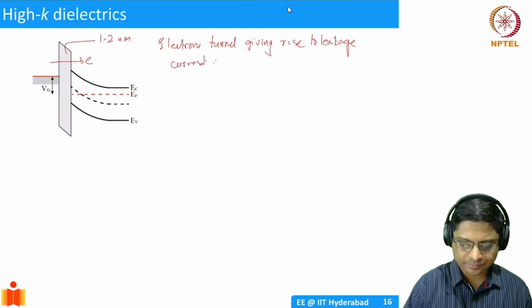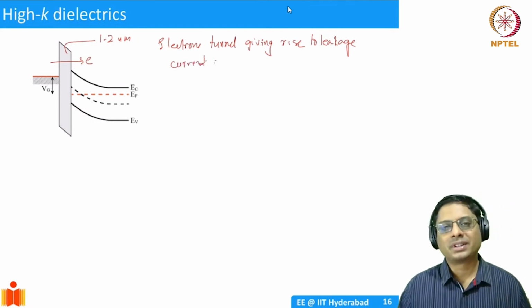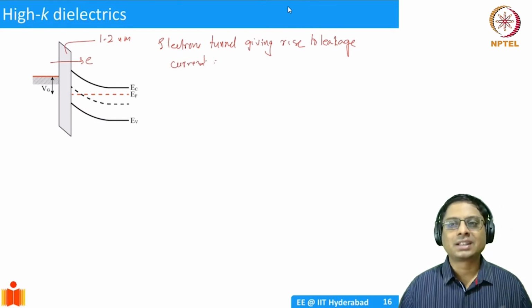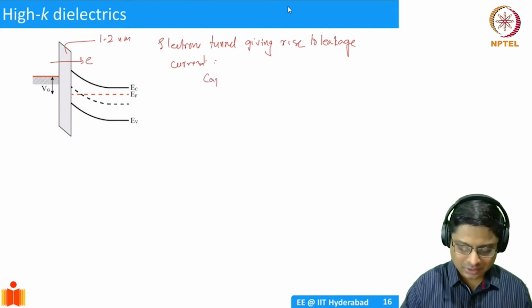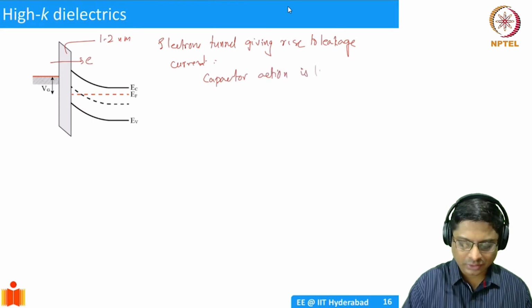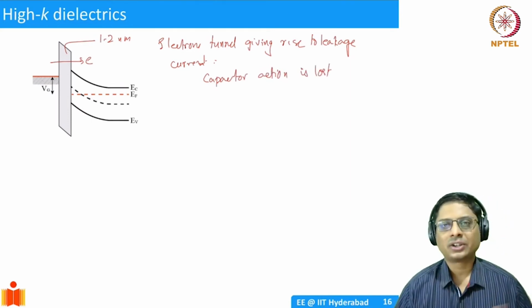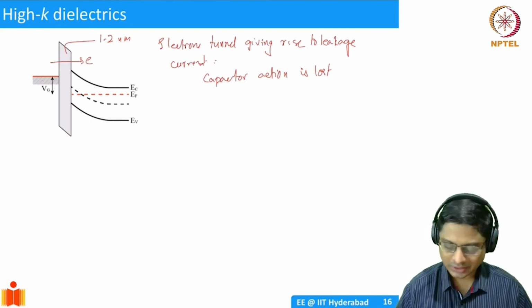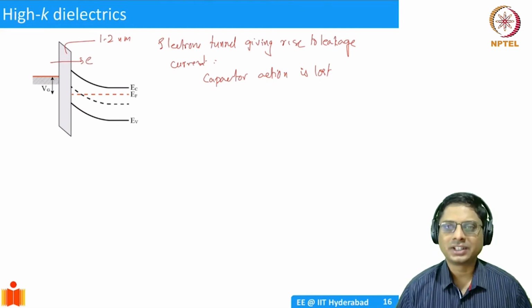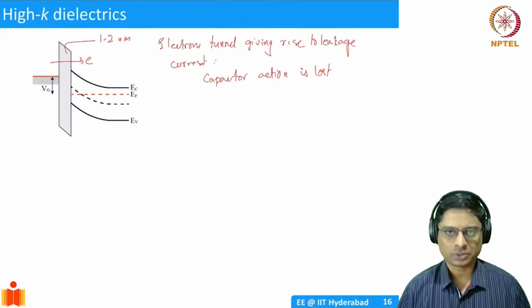Okay. What happens when the oxide leaks? Capacitor action is lost. So when there is tunneling of electrons through the oxide, there is leakage current, and leakage current is going to spoil the capacitive action.